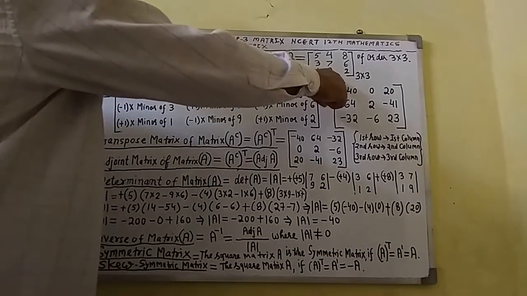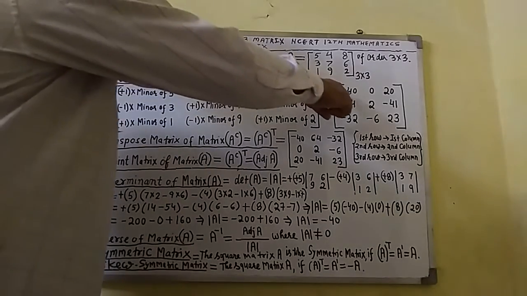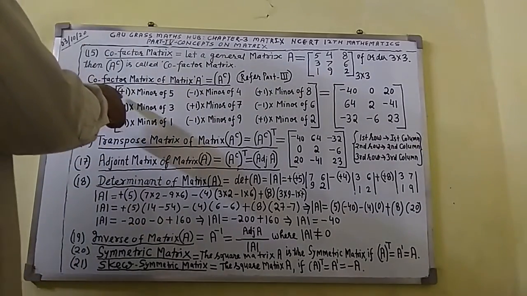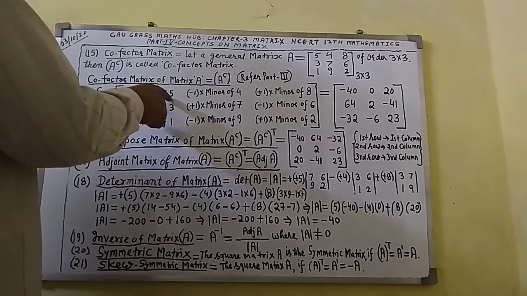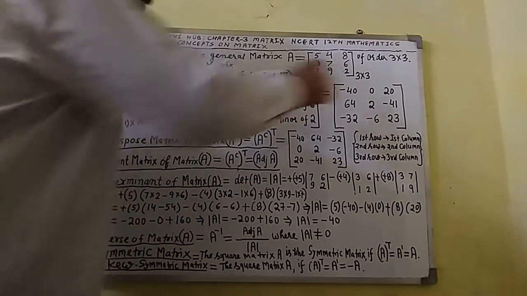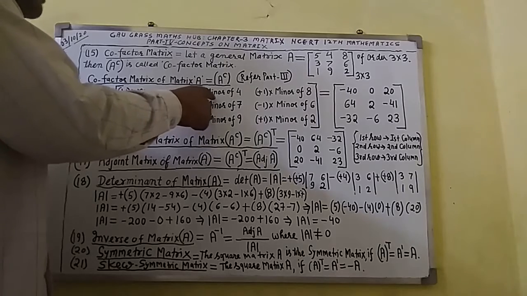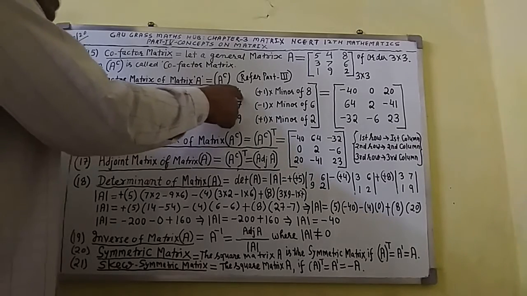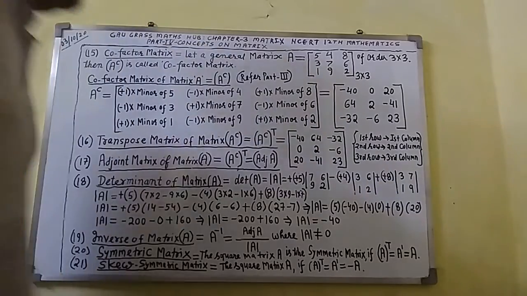Equal to, open square bracket. Here you can see plus 1 will multiply to minor of 5. We will get the result minus 40. Minus 1 will multiply to minor of 4. We will get the result 0.